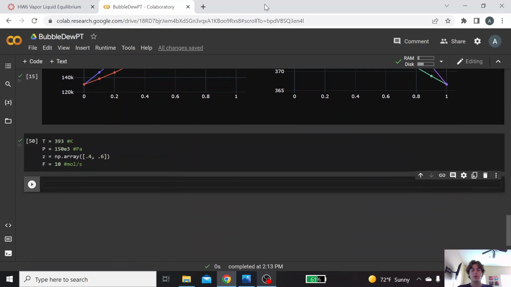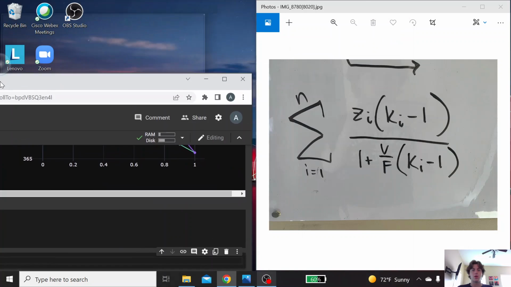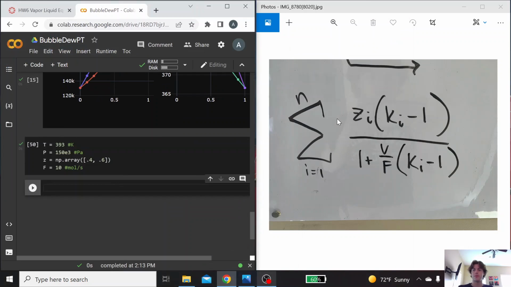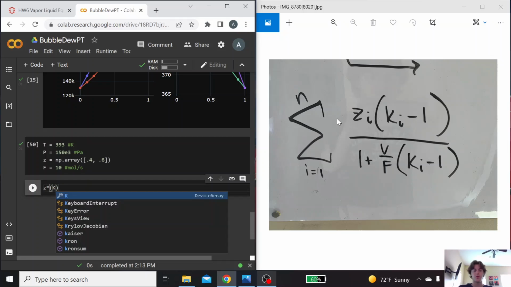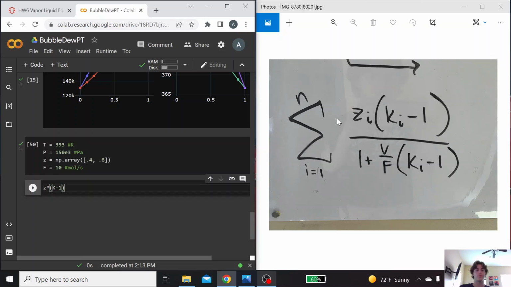So now I can go ahead and code in the equation that we need. In the numerator, we have Z times K minus 1. And in the denominator, we have 1 plus our vapor mole fraction, which is this V over F value here.